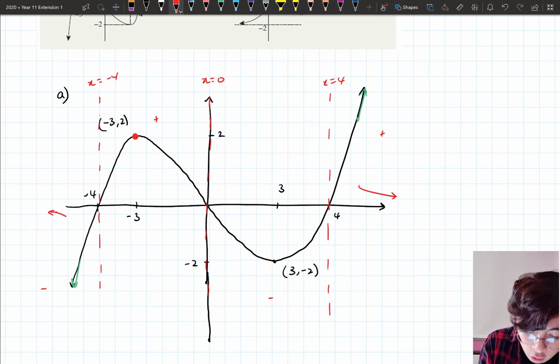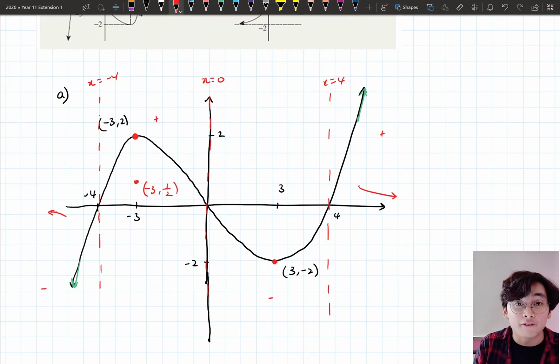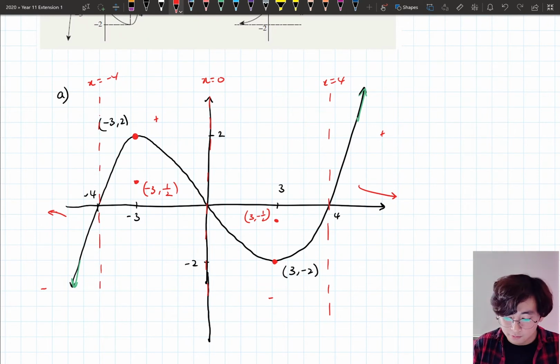So this is a local minimum at -3, 1 over 2, because I have to take the reciprocal. In the same way, I have a local minimum over here. So I'm going to have a local maximum on my reciprocal graph at 3, -1 over 2, because I have to take a reciprocal of my y values.